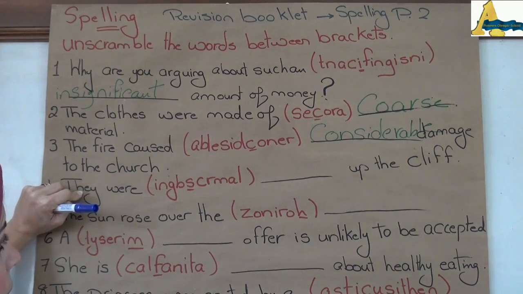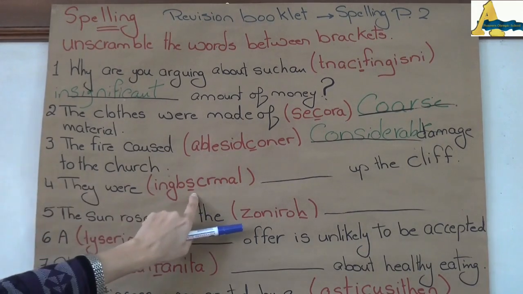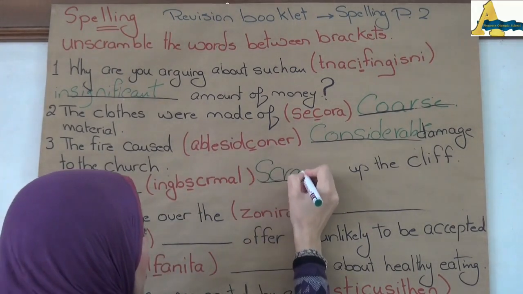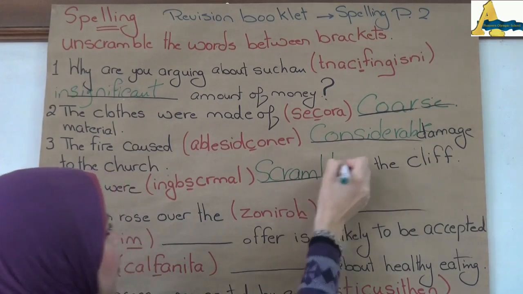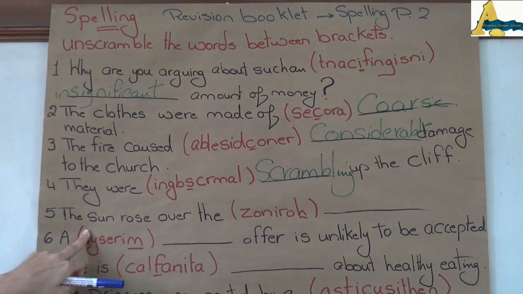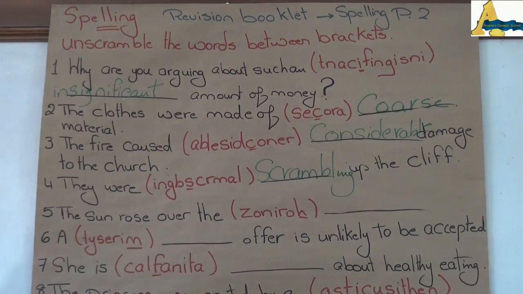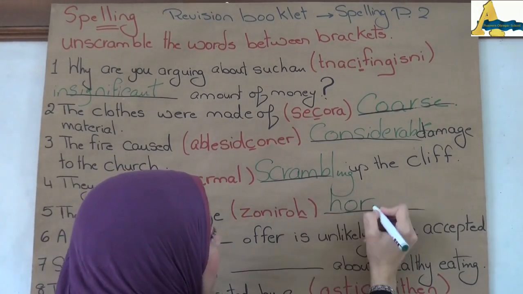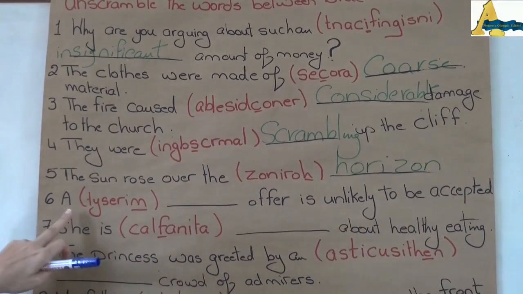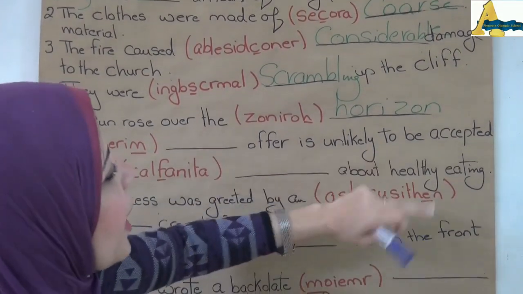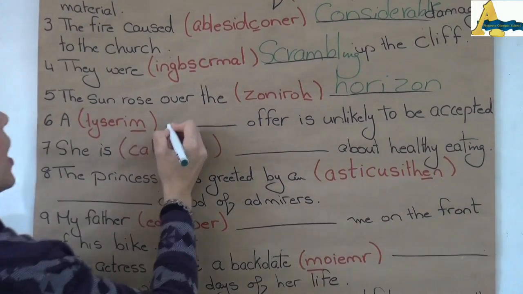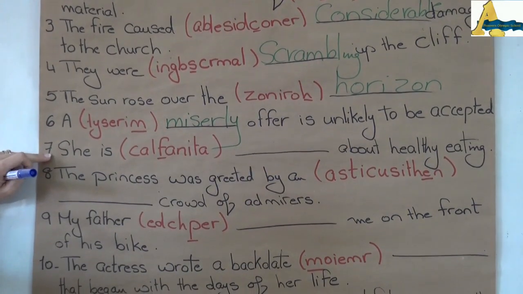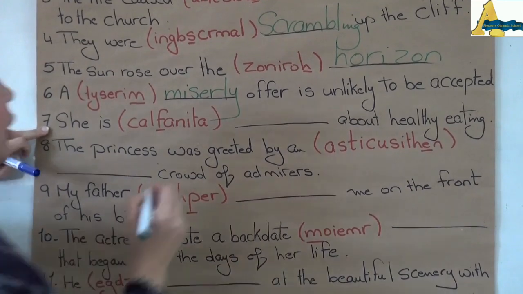They were scrambling up the cliff, climbing. 5, the sun rose over the horizon, starting with the H. A miserly offer is unlikely to be accepted. 7, she is fanatical about healthy eating.